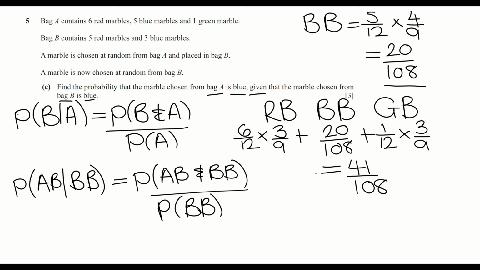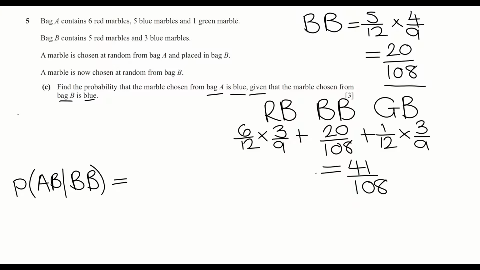I'm going to make some space. And we can say the probability of a blue marble from bag A, given the marble from bag B is blue, is equal to a blue marble from bag A and bag B, 20/108, over the probability that the marble from bag B is blue, 41/108.